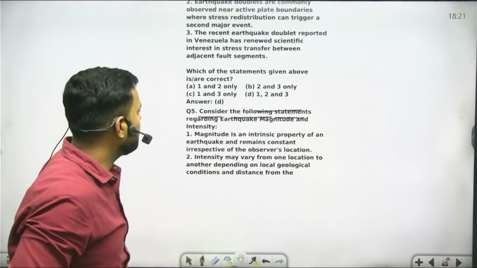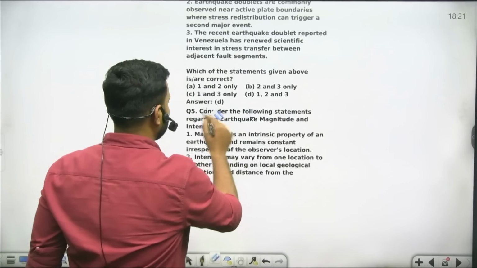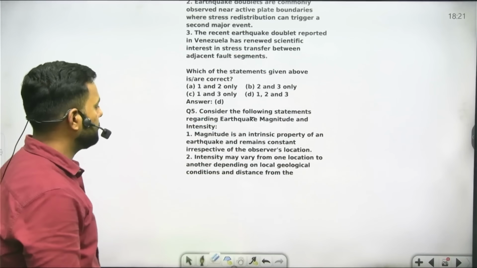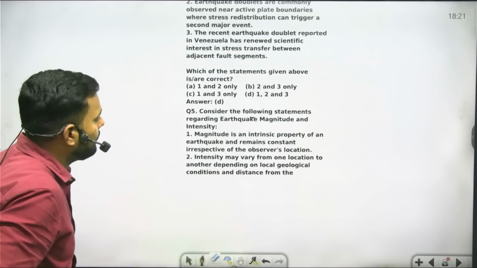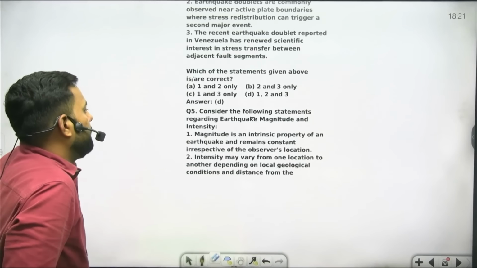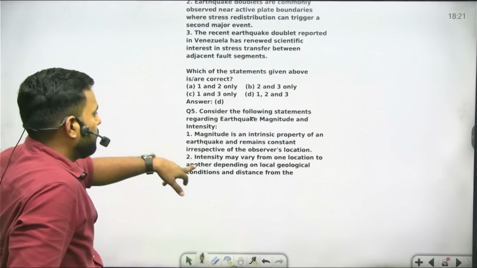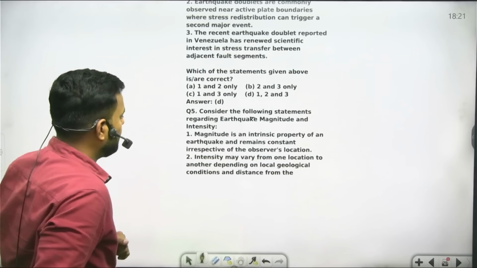Theek hai, next kya hai. Consider the following statement regarding the earthquake magnitude and intensity. First statement, magnitude is an intrinsic property of an earthquake and remains constant irrespective of the observer's location. Bilkul sahi baat hai.